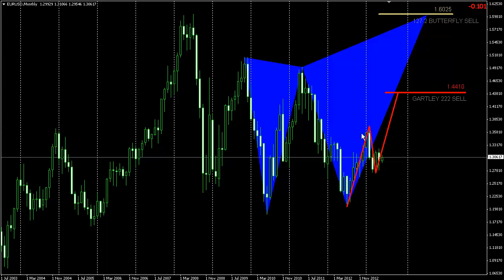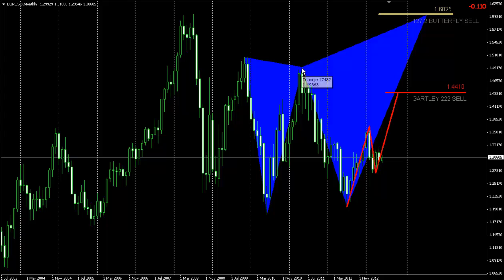But if the market really breaks up this head and shoulders, before reaching the 127 extension, the market will have some strong barrier that could be the Gartley 222 sell at 144.10.